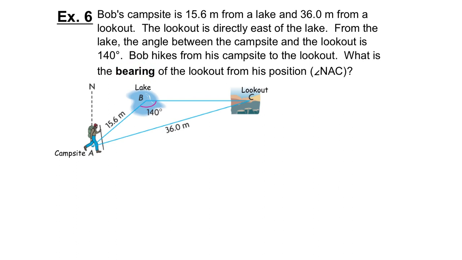A bearing is simply an angle from north. So if north is this way on the map, the bearing would be the angle from north down to where you're walking. So on the drawing, angle NAC, from N to A to C. That entire angle in there is what we're trying to find.